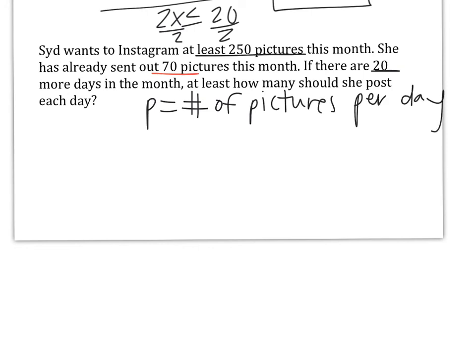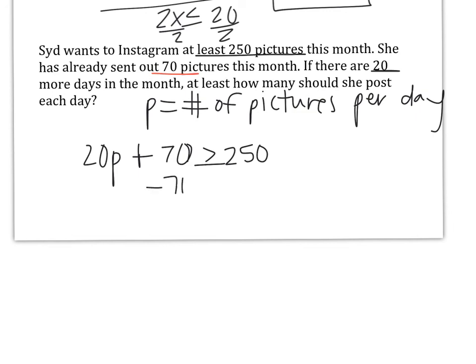So what this will be is 20 days times p, the amount of pictures she'll need to take per day, plus the 70 that she's already taken. Needs to be at least 250. So 250 is the least amount that she wants to post because she wants at least.